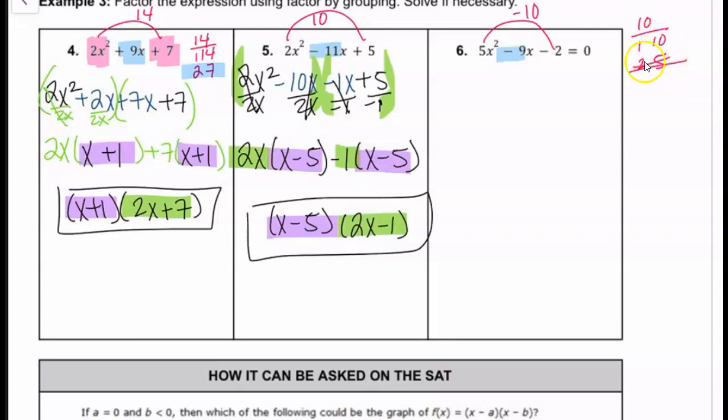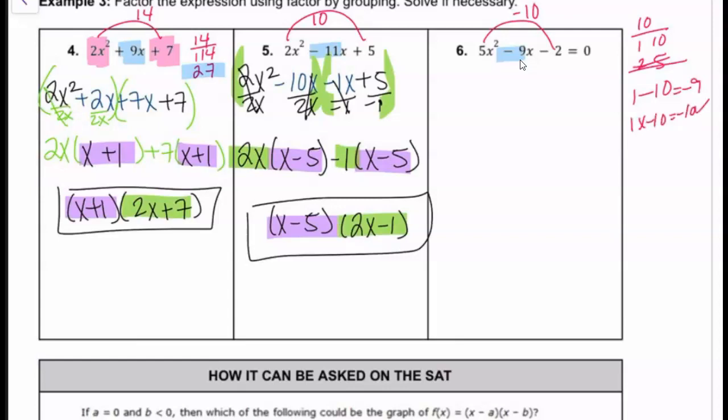So I need to figure out, okay, where does the negative go so I can get a negative 9? Well, it should be the 1 minus 10. 1 minus 10 is negative 9, and 1 times negative 10 is negative 10.